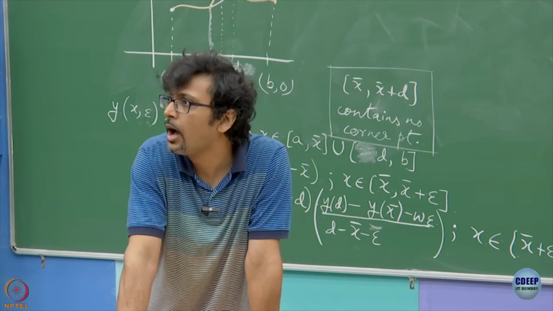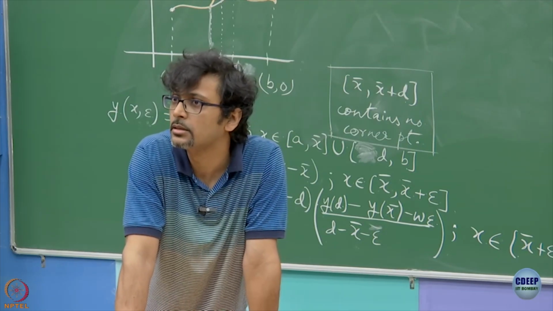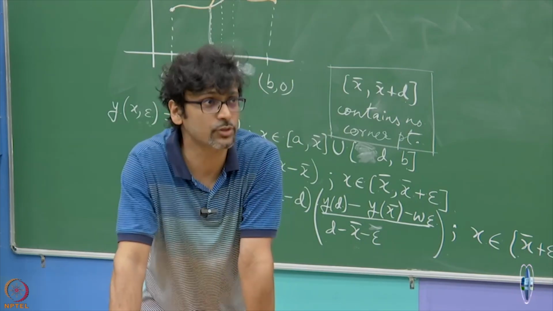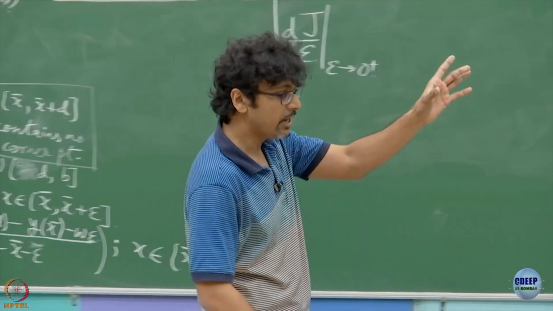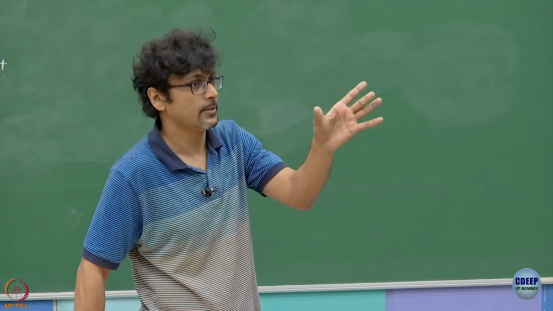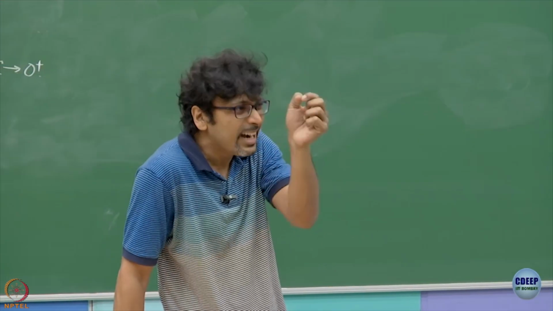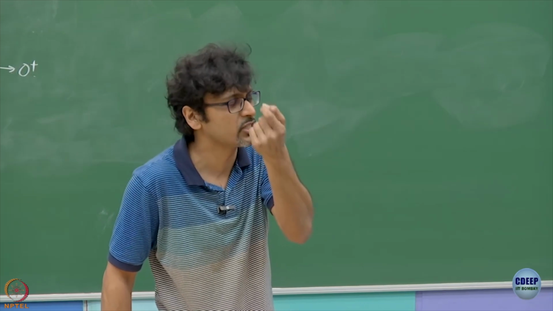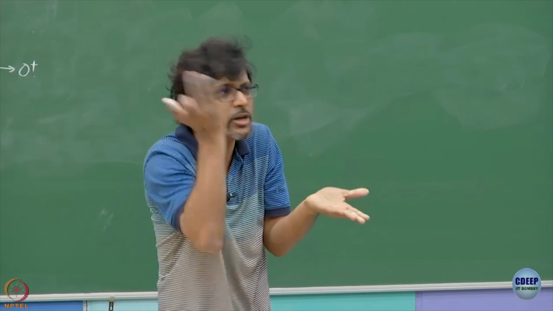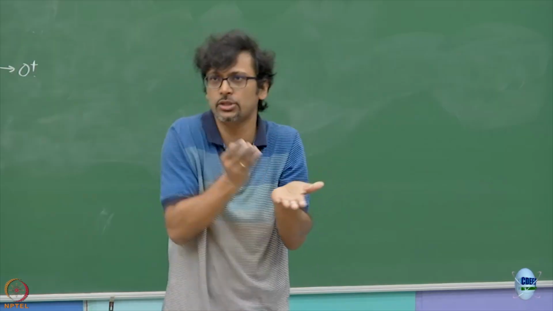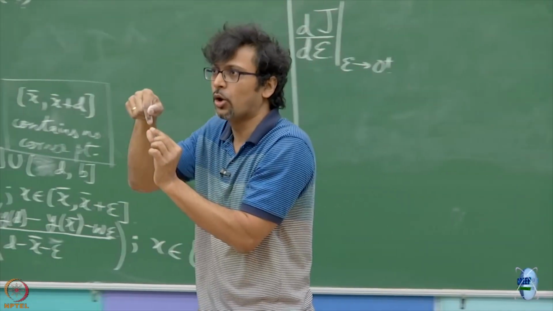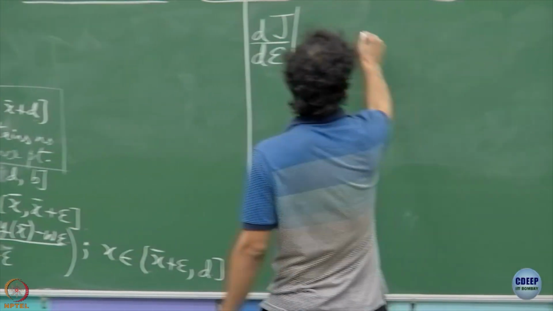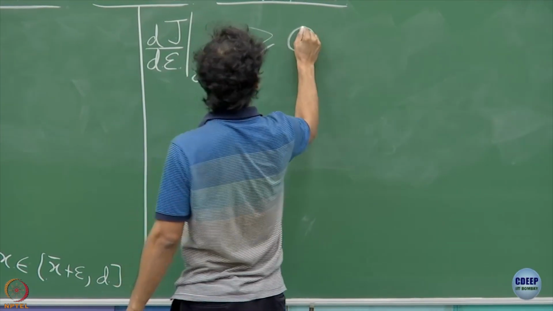If you're trying to minimize, then the difference between J with the additional epsilon minus J with epsilon set to 0 should be positive. The cost should be increasing as you apply a non-zero epsilon, right? So you should try to ensure that this happens.